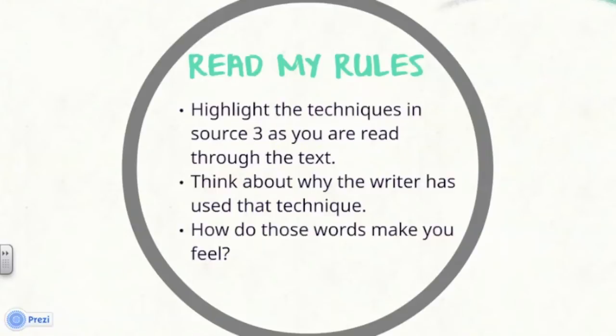As you read through source 3, highlight the techniques as you go, and also think about why the writer has used that technique at that particular point in the text, and how those words make you feel as the reader. You might want to jot down one or two simple words by the side of your highlighted text, so you've got your point, evidence and explain ready for when you come to write your answer.